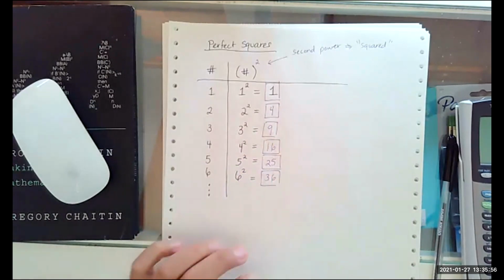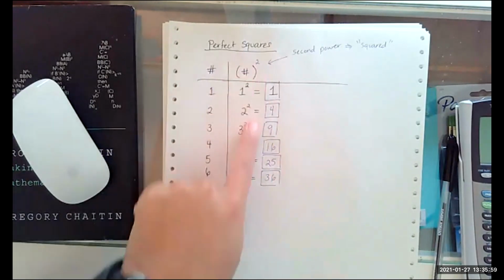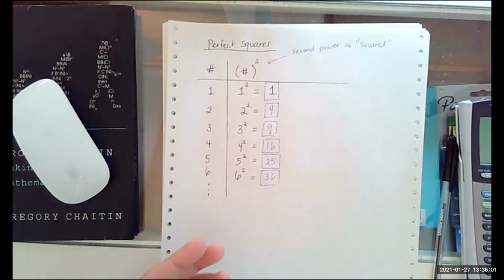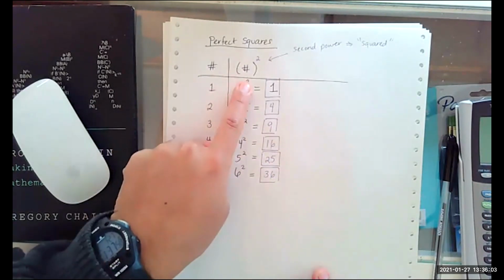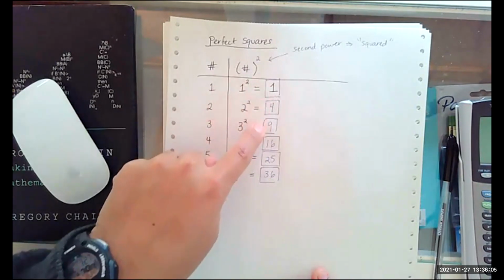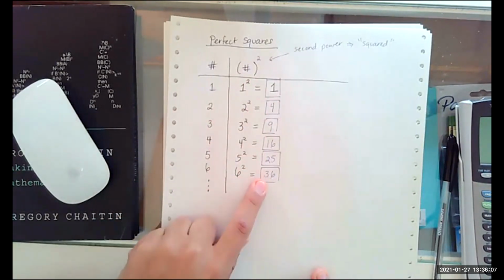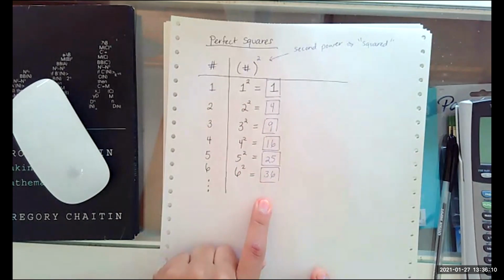And so on. We call things in this column perfect squares because we have taken a number and we have squared it. So 1, 4, 9, 16, 25, 36, 49, 64, 81, and so on. Those are all perfect squares.